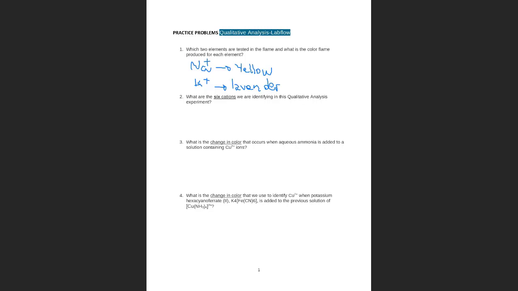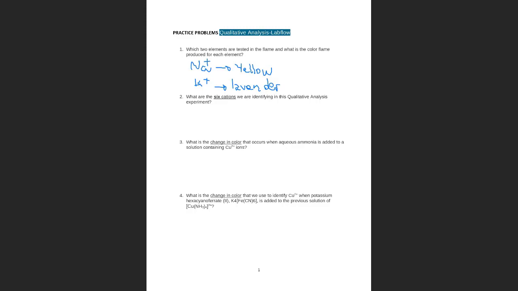Any traces of sodium can contaminate another one, so you need to clean it very well before you test another element. And regarding the potassium, we mentioned that we sometimes need to use a blue cobalt glass to absorb the yellow color, and then we can see the lavender.